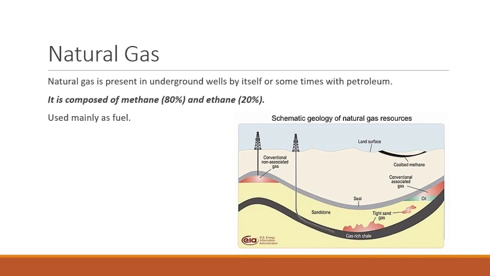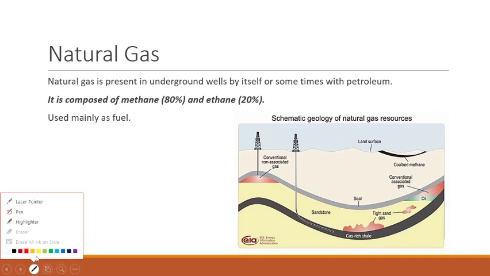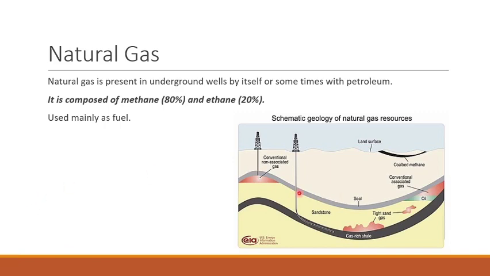So if we look to the right, we have non-associated gas. This non-associated gas is a well that contains only natural gas. If we look to the right, we have associated gas, so it is a well that contains gas and oil together.